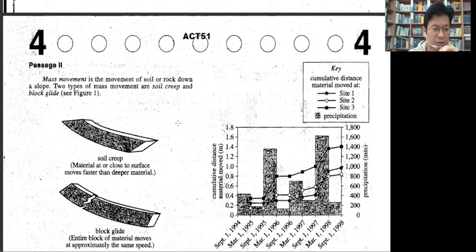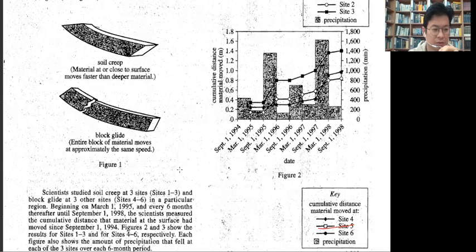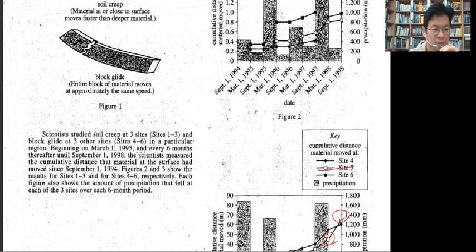Then we have to read through. It says the scientists measured the cumulative distance that material at the surface had moved, and then show the amount of precipitation that fell.